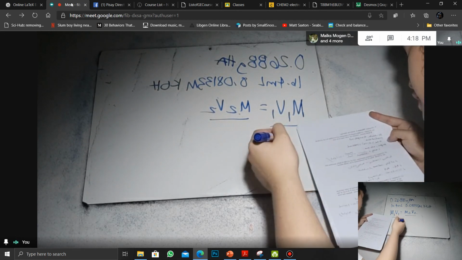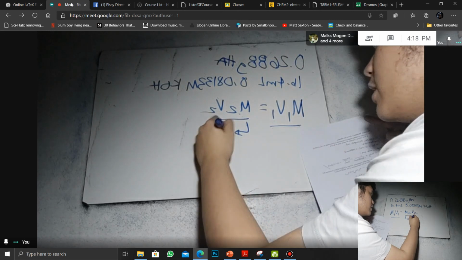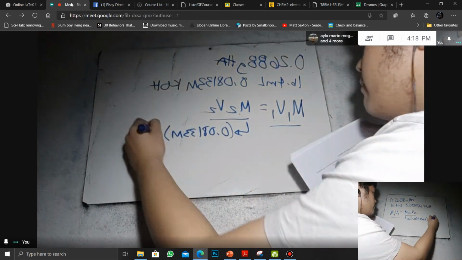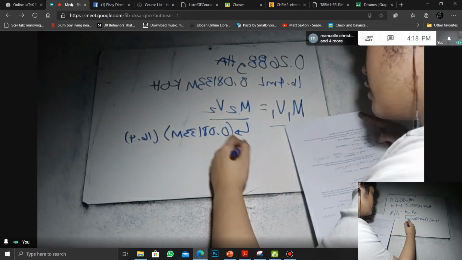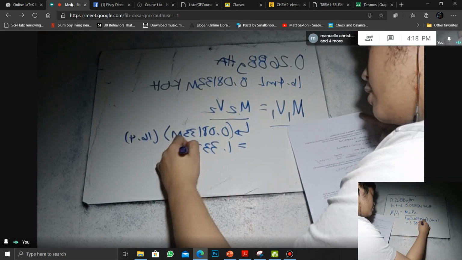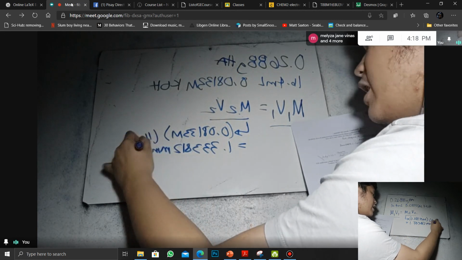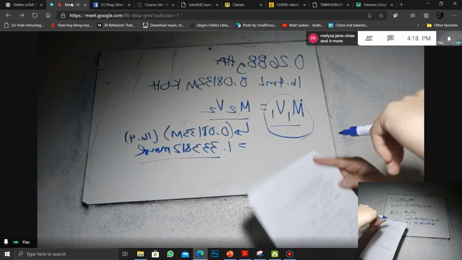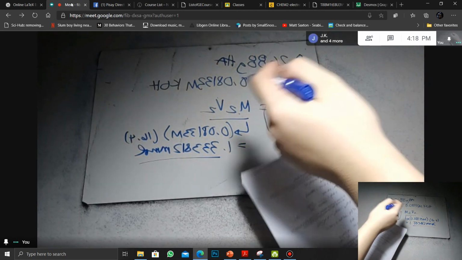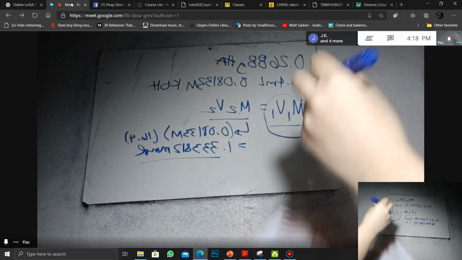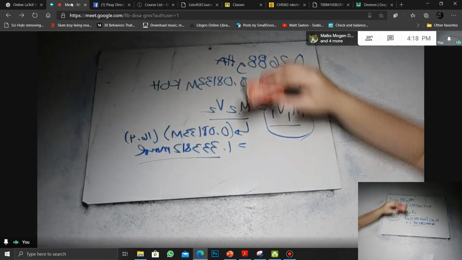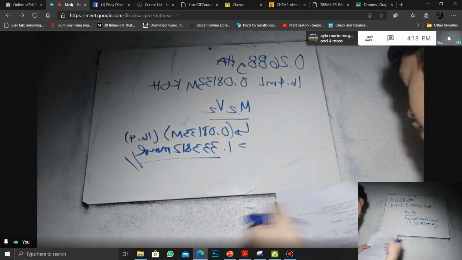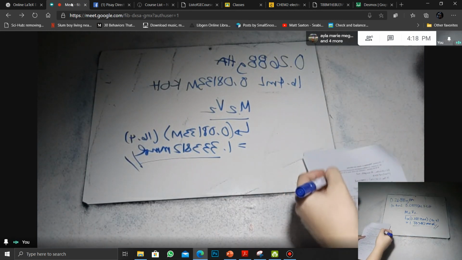So, itong M2V2 is 0.08133 M times 16.4. That is 1.333812 millimoles. Millimoles, ha? Okay, take note na walang binigay na volume para sa isa, no? Para sa monoprotic acid natin. So, wala tayong paki doon, no? Wala tayong paki doon. So, we just do this kasi alam natin na this same amount of moles are present at the equivalence point. So we just do this.